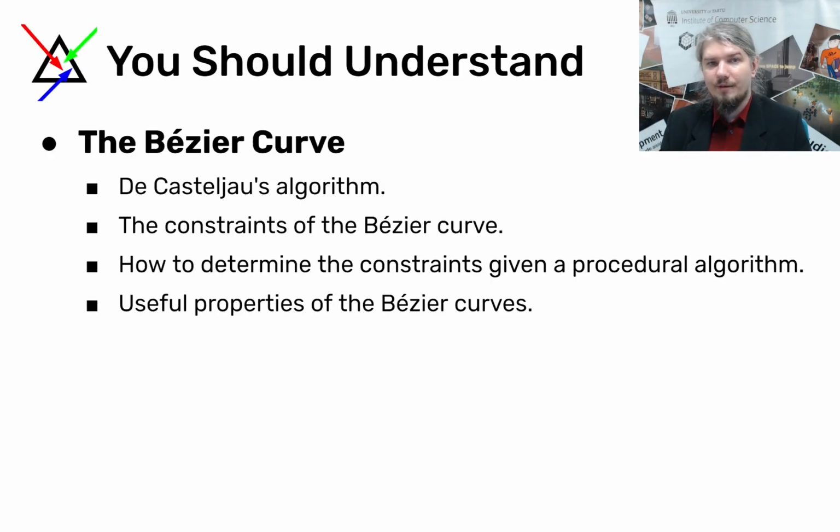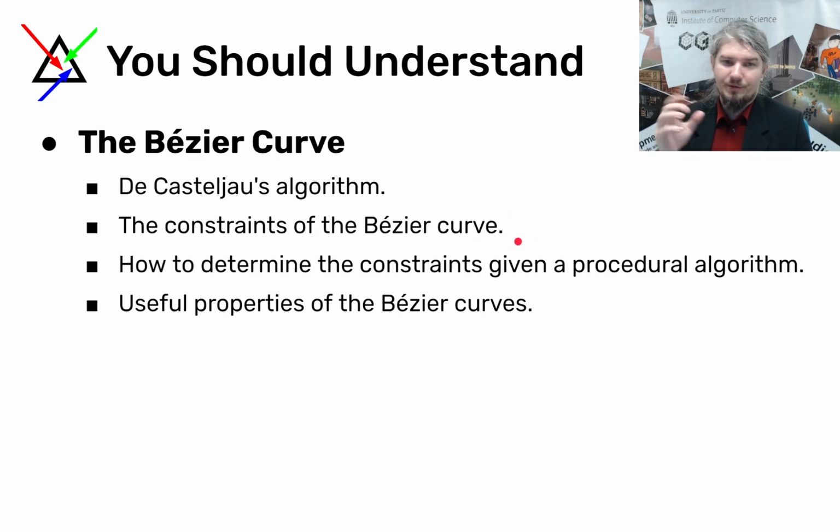Now, from this video, you should understand the Bezier curves, the Casteljau's procedural algorithm, this recursive algorithm where we just interpolate along the lines, create new lines, interpolate along those until we are left with just one line and one interpolated point, and that's going to be the point on the curve. You should now know about the constraints in the Bezier curve and how you can find them from the Casteljau's algorithm.